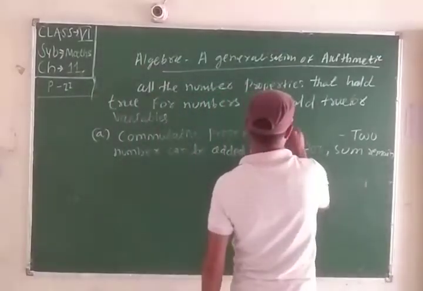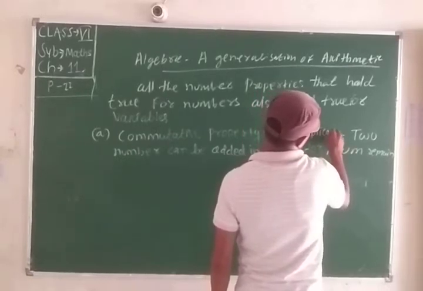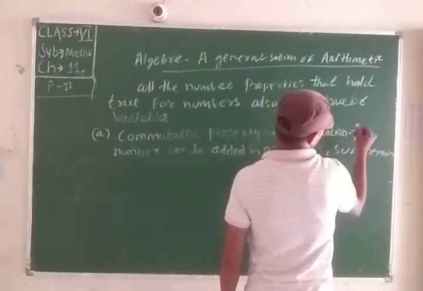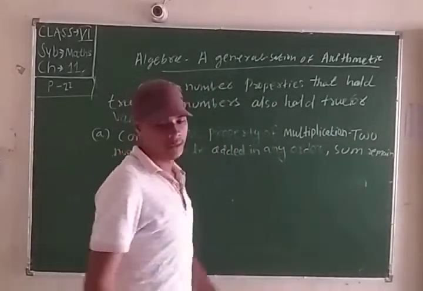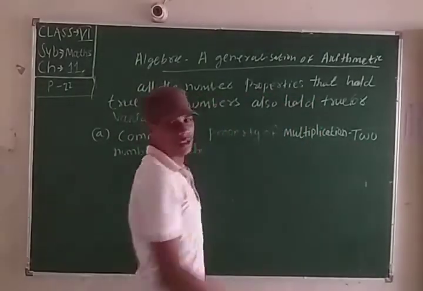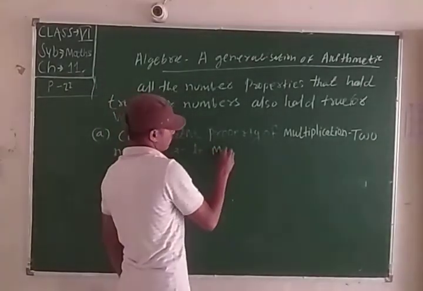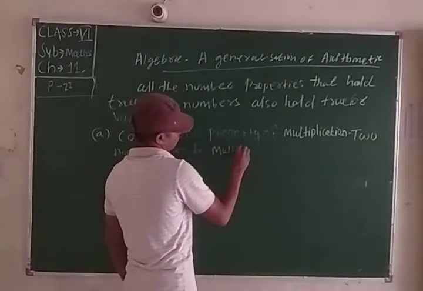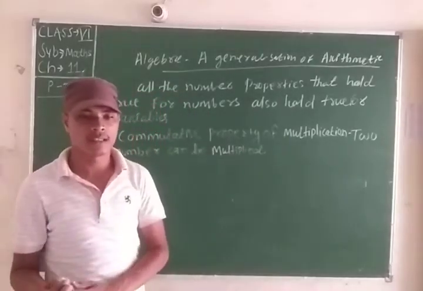Commutative property of multiplication: two numbers can be multiplied in any order.